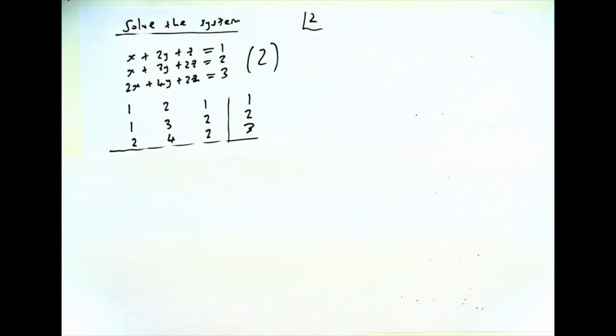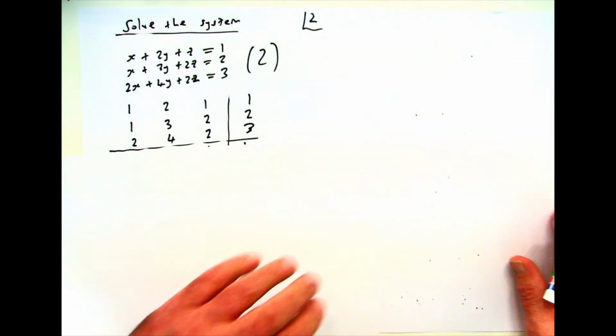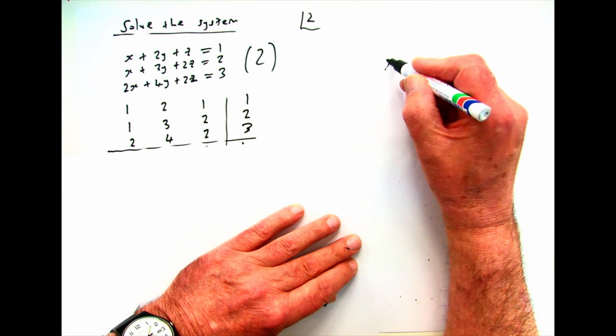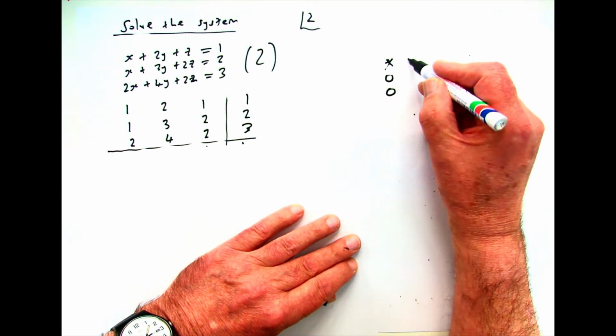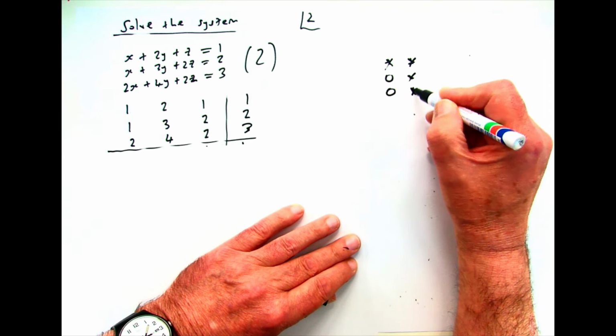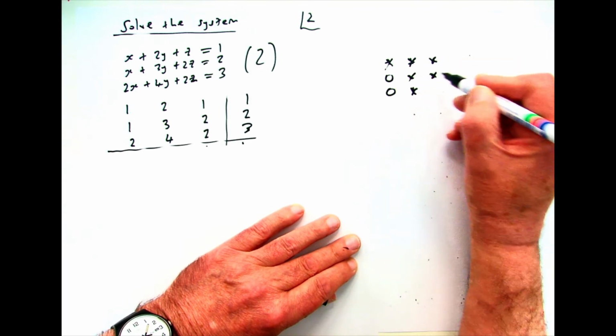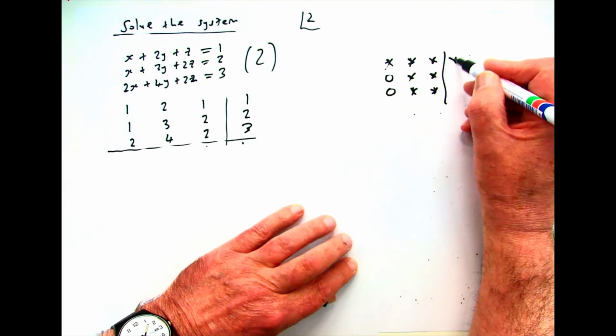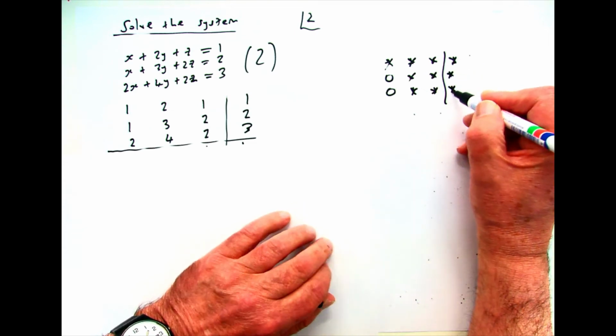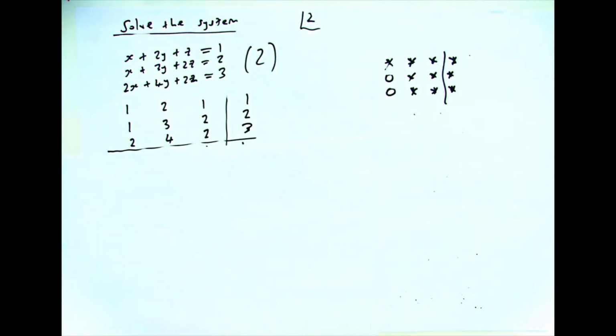Now we're going to solve it in exactly the same way as we solved the first system. So what we want to do is again we want to get 0, 0. So this is what we're aiming at again, as in the first example.